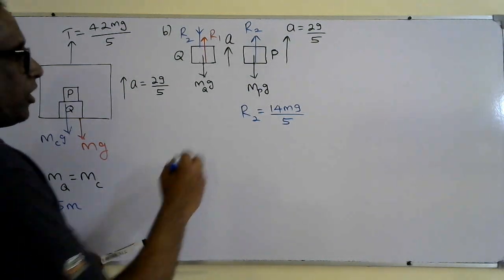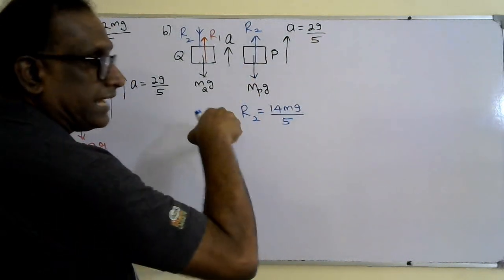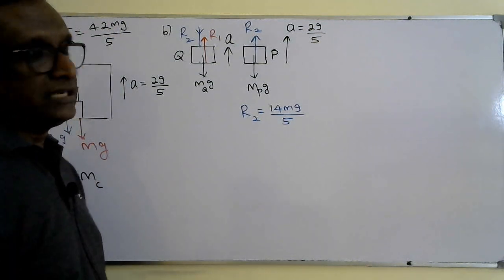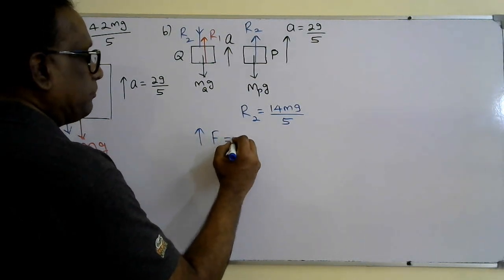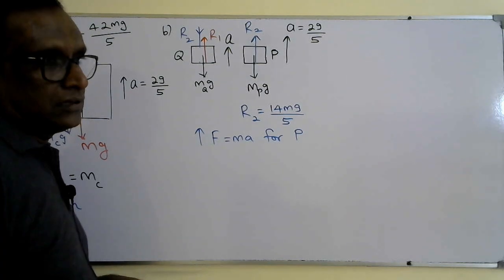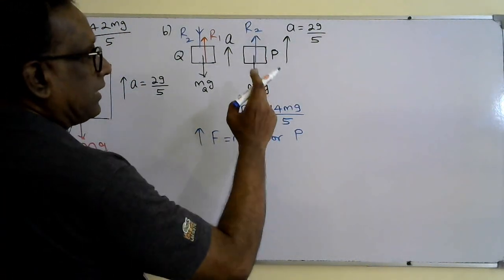So for P, I'm going to use the upward direction, because P is also accelerating upward, the same as the lift cage. Q also accelerates the same as the lift cage, otherwise you will break and come out of the lift. So for P, I write F equals ma in the upward direction. What are the forces acting on P? There are two forces.